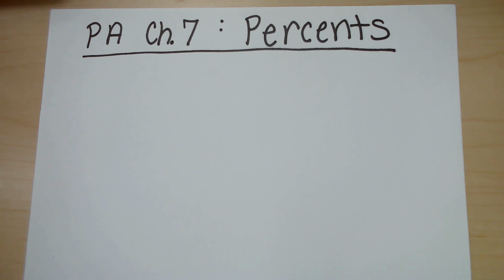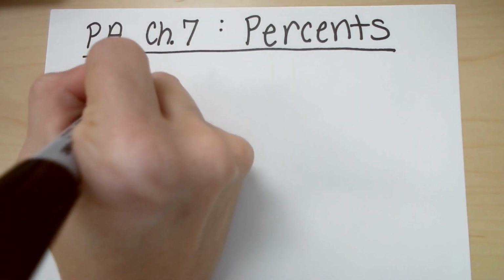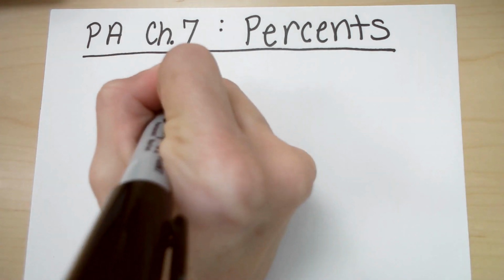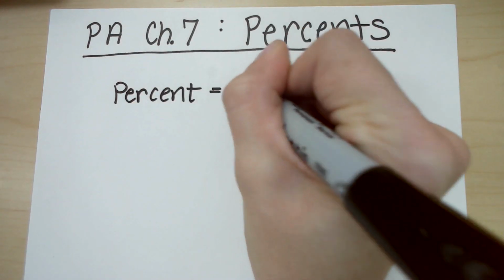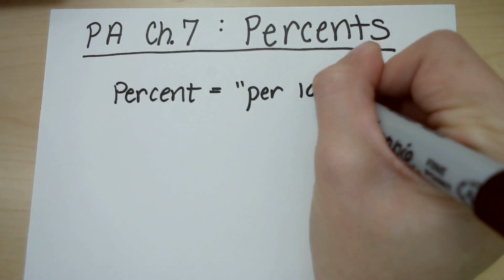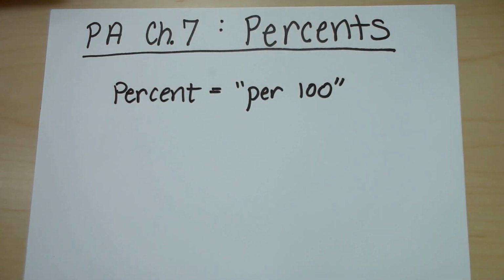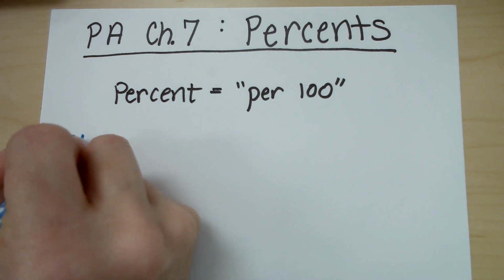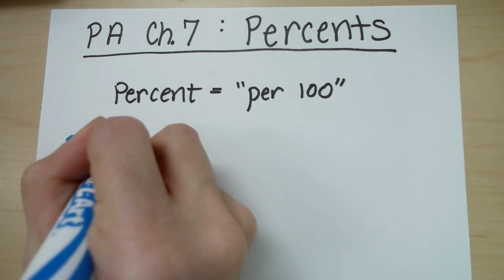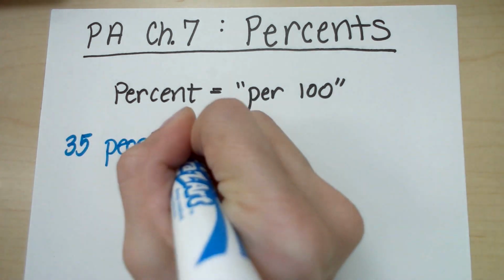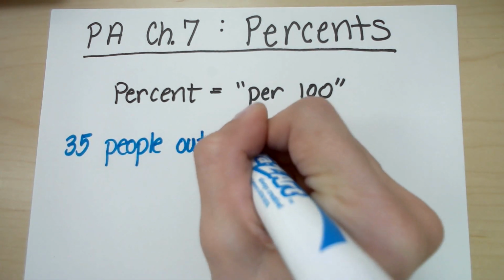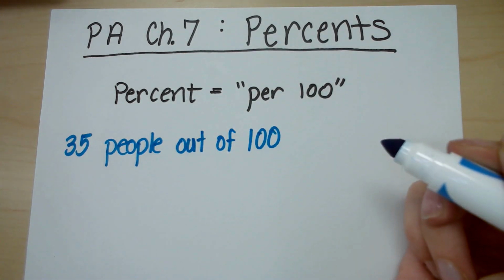So let's start off from the very beginning. What is a percent? Well, we learned that the word percent means per 100. So let's say we have 35 people out of 100 total.